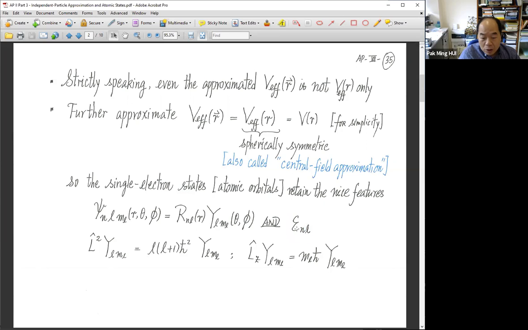Okay. We also know more. Y_lm(theta, phi) refers to the orbital angular momentum magnitude squared and the z component. Okay, Y_lm(theta, phi) is an eigenstate of these two operators in addition to the Hamiltonian. So that is the nice thing.